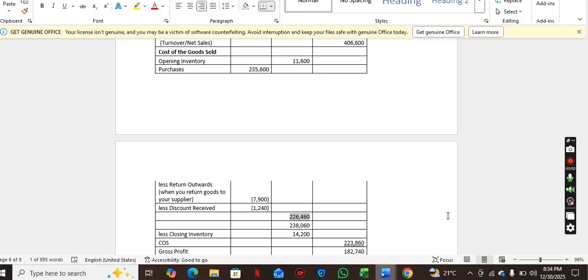How do you know you now have to close this one and start another? By understanding the format of this financial statement, that's how you know where to stop and where to go next.